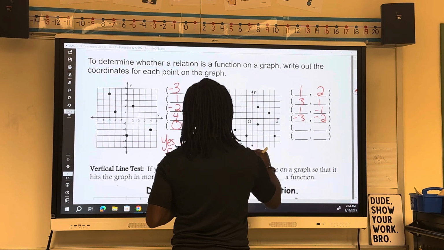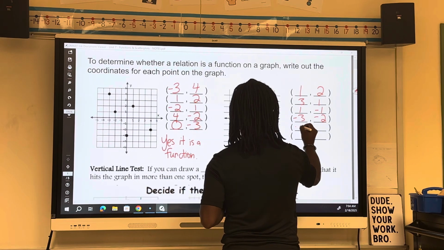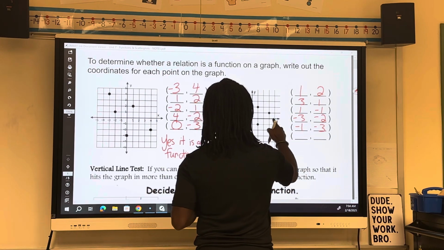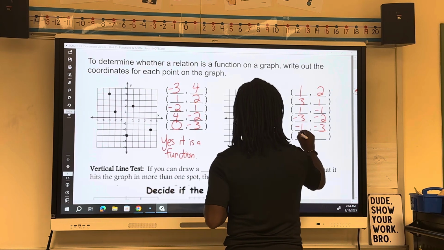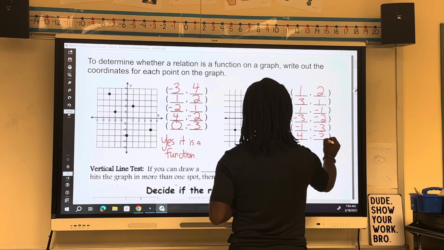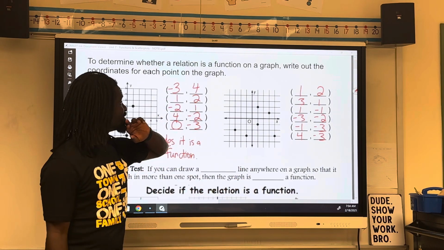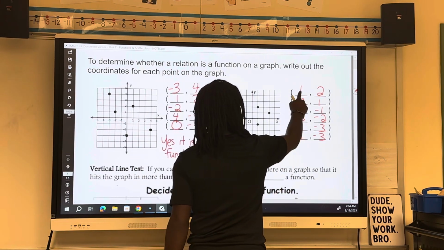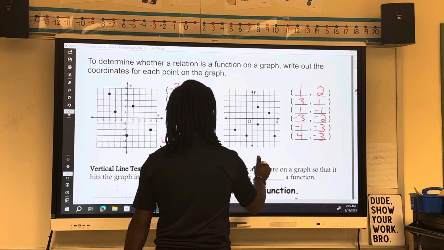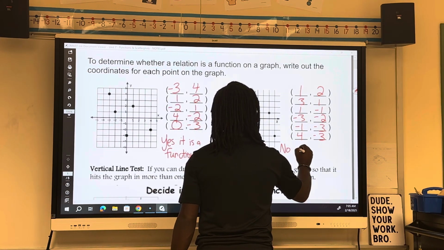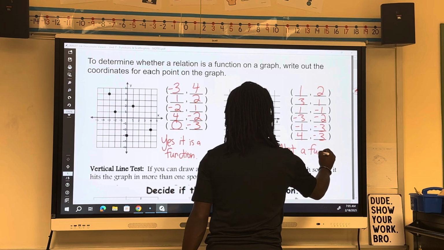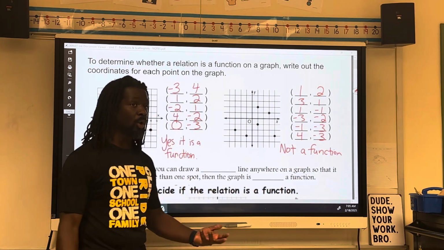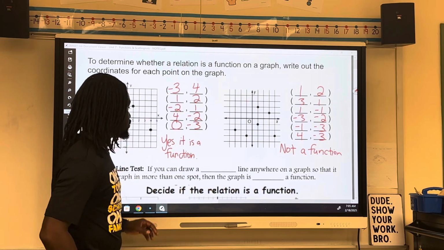Then we got (-1, -3). Then we got (4, -3). Okay, and so this one is not a function because I have two 1s. Okay, so this is not a function, because there are two 1s for the x values.